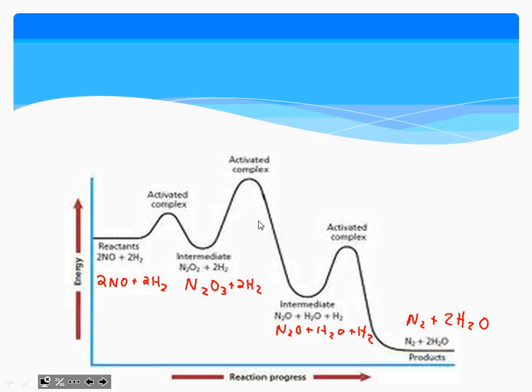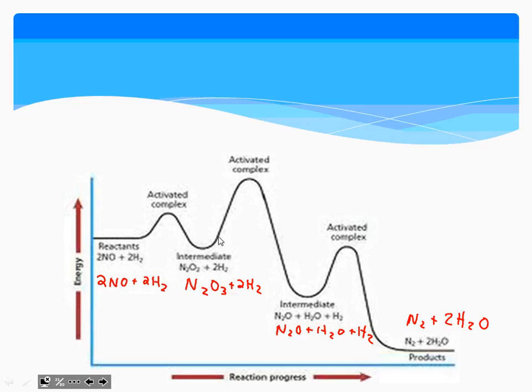And what I have at my valleys here and here are what we call intermediates. So if I follow through this reaction, I have my reactants. We need a little bit of energy, and then I form the intermediates, dinitrogen trioxide and hydrogen gas.